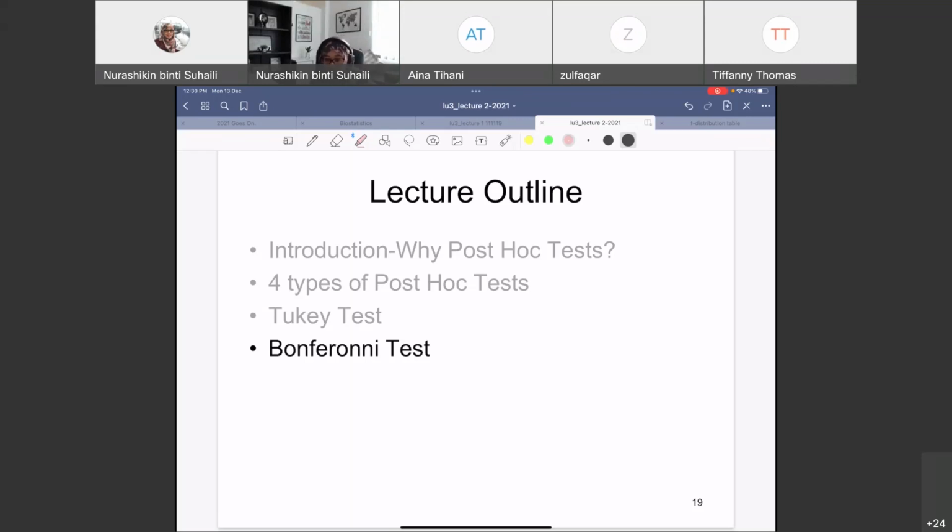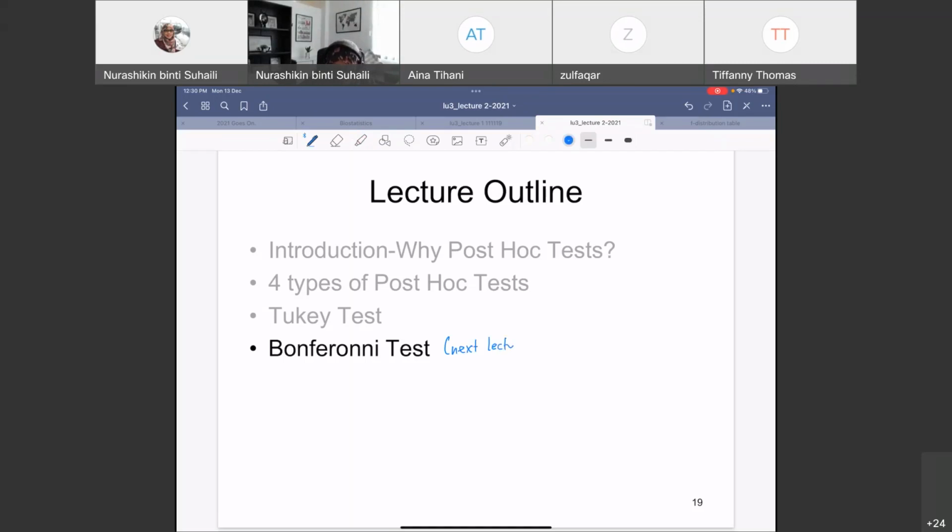It's fine, because we still have ample time for the final exam. We only have this and then LU4, and LU4 is not that much. I will proceed with Bonferroni next lecture.